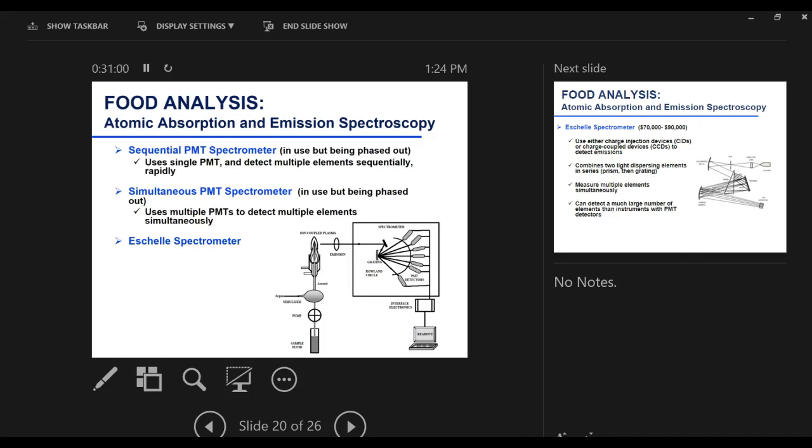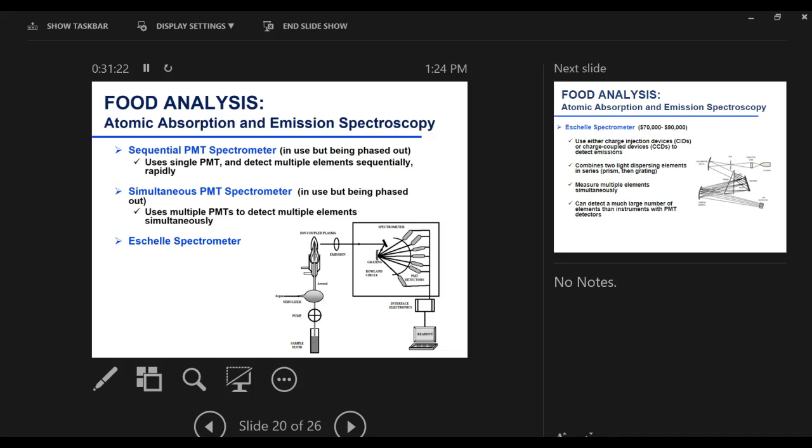Okay, sequential photomultiplier tube spectrometer. So here you have a system with only one photomultiplier tube, and then you can select to change the wavelength every few seconds. Then you can get a measurement for multiple elements.